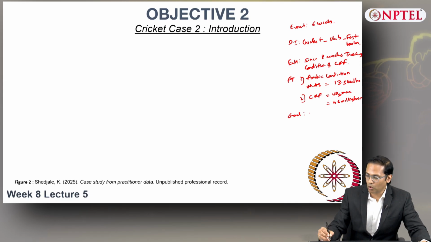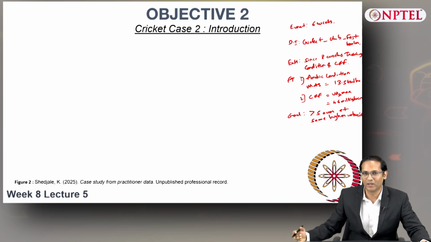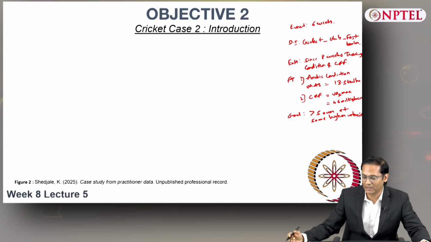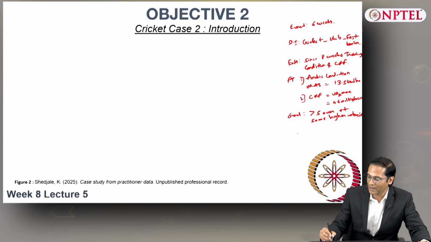Now the goal is to bowl greater than 5 overs at the same higher intensity. What it demands is to maintain the high intensity, and that is represented by anaerobic capacity.